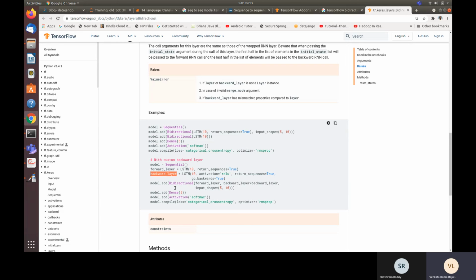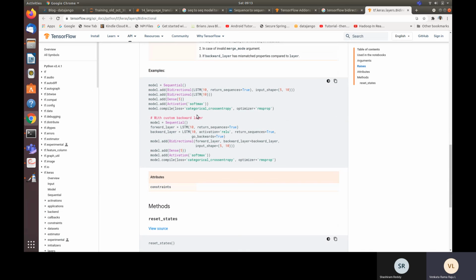The bidirectional layer is taking forward and backward, with custom backward layers. I think 2 examples they merged here. In this way also we can do it.